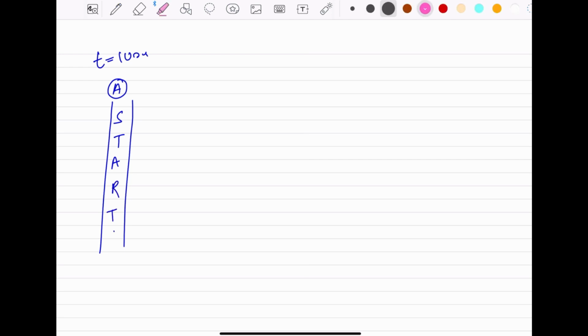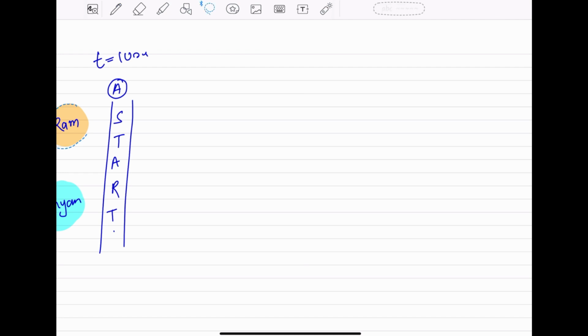Okay, now there is again a race between two friends. This is Ram, and let the other one be Sham. Now my timer is of 10 seconds.